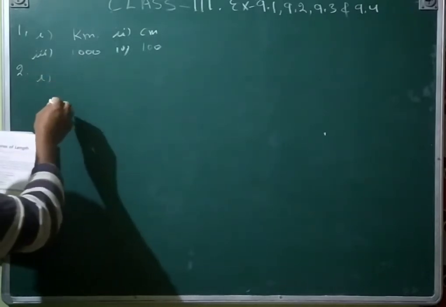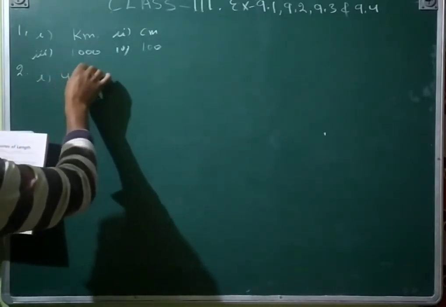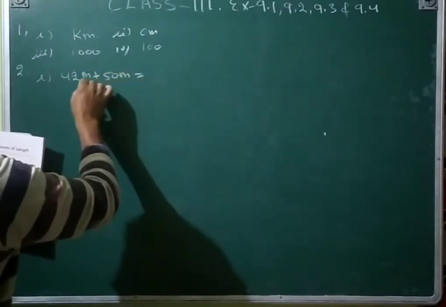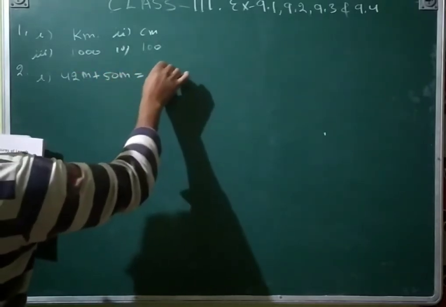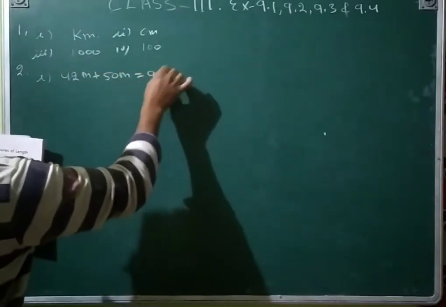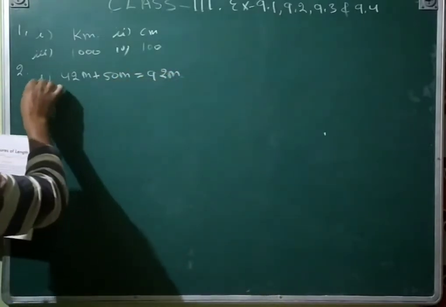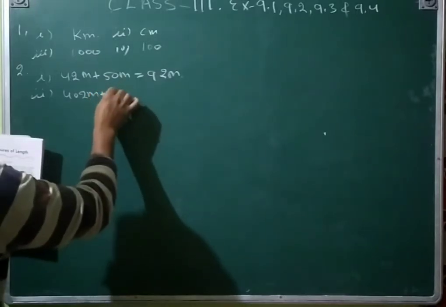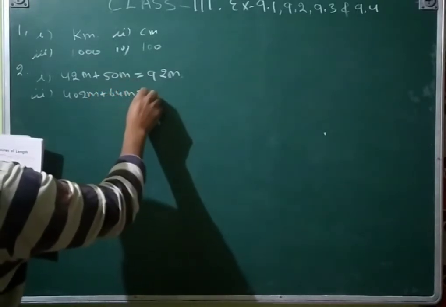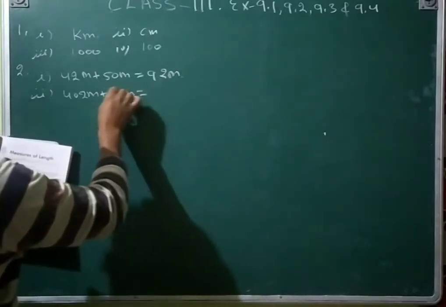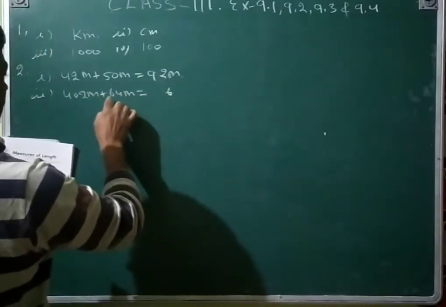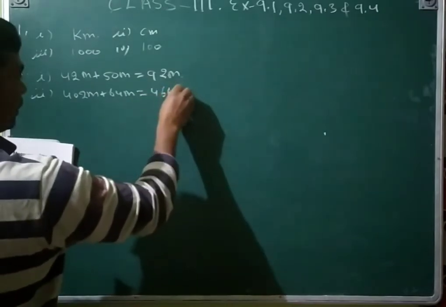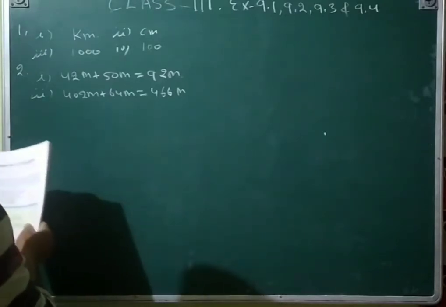And then second question, find the sum. 40 meter and 50 meter. So 42 meter plus 50 meter will be 2 plus 0 is 2, 5 plus 4 is 9 meter. Second part, 402 meter plus 64 meter is equal to, addition of 4 to 6, 6 plus 0 is 6, and then 4 meter, 466 meter.